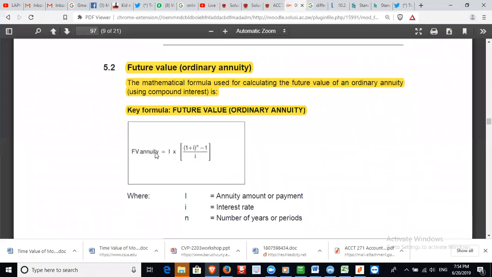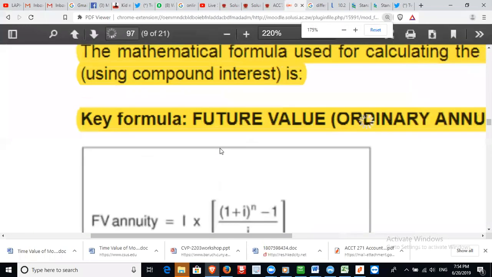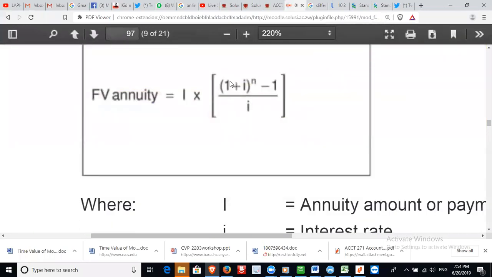Future value of an annuity is equal to I, that is the annuity amount or payment, multiplied by 1 plus i, the small i for the interest. Take note that this I is for the what? Present value amount. Are you together?